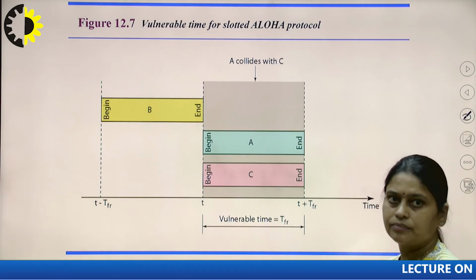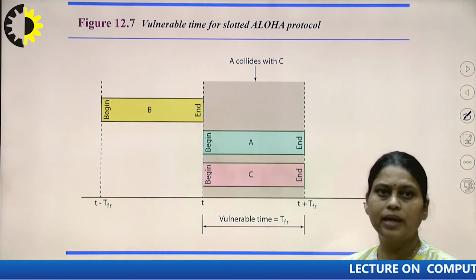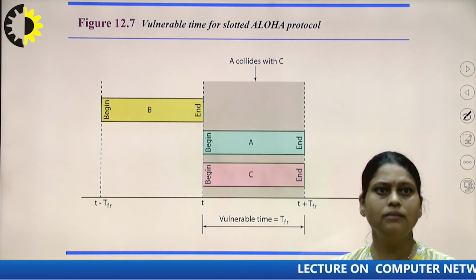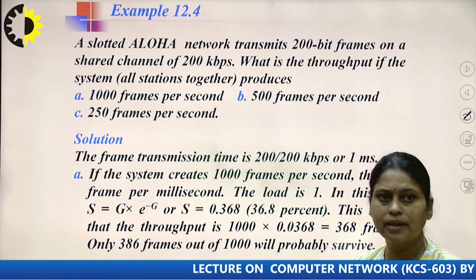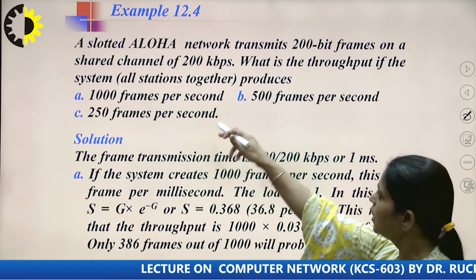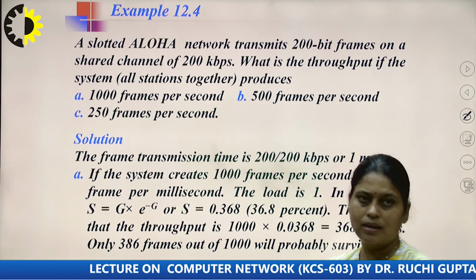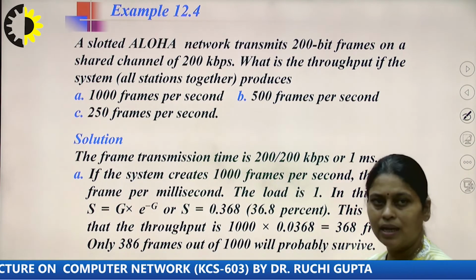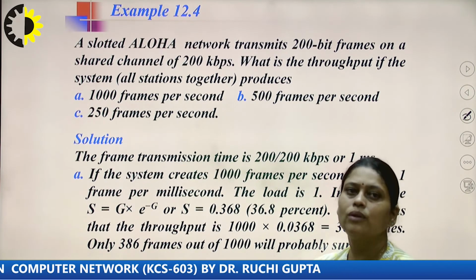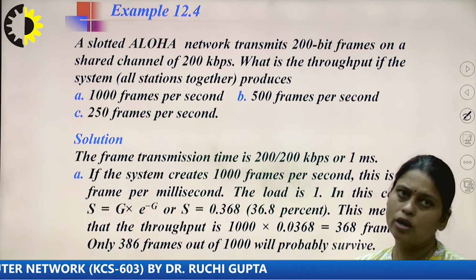This is the process of how we can calculate this collision. This is another example of slotted Aloha. The same previous examples that we took in pure Aloha are taken here, but we have to calculate them with the help of the slotted Aloha method.